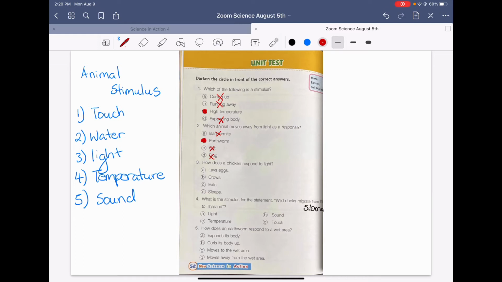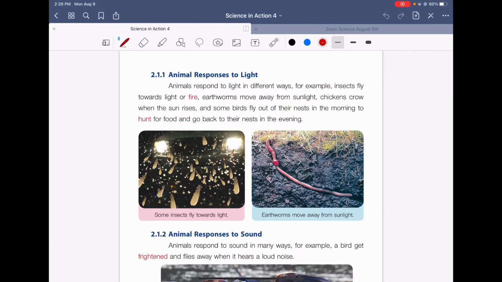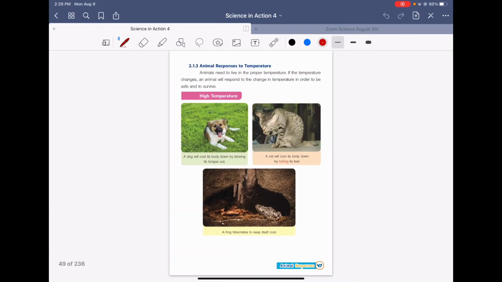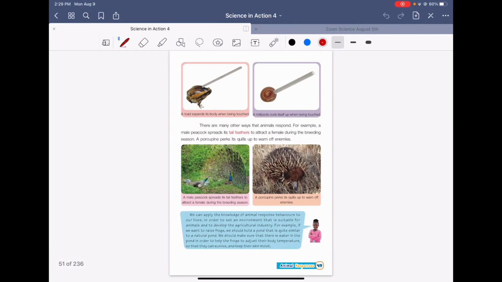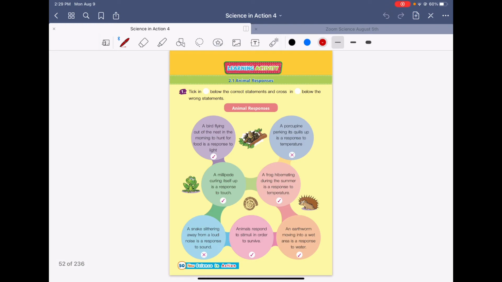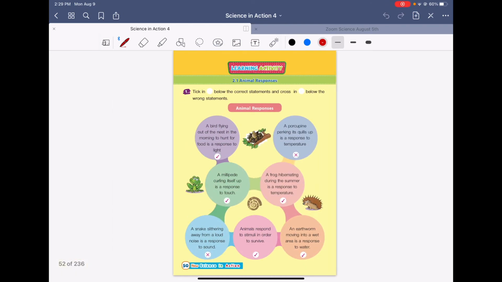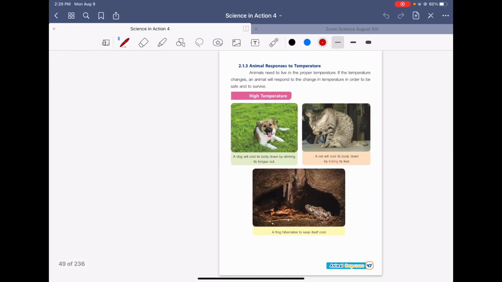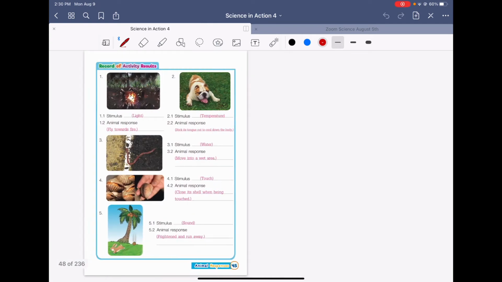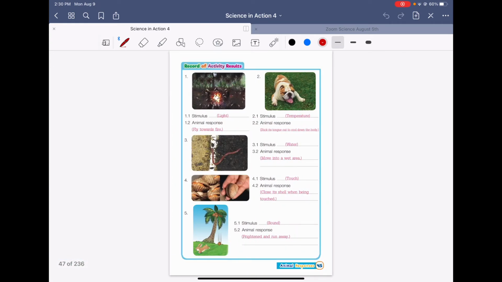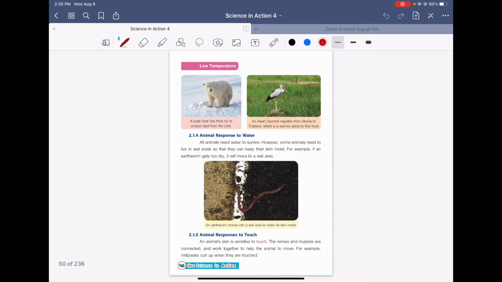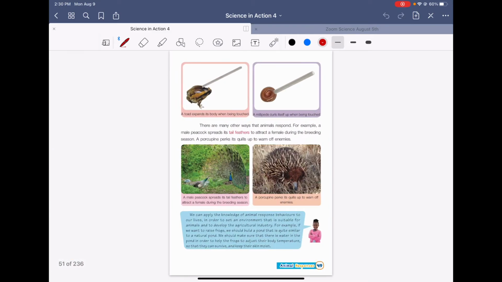How does a chicken respond to light? Let's see, do we have a chicken here? A chicken. How does a chicken respond to light?